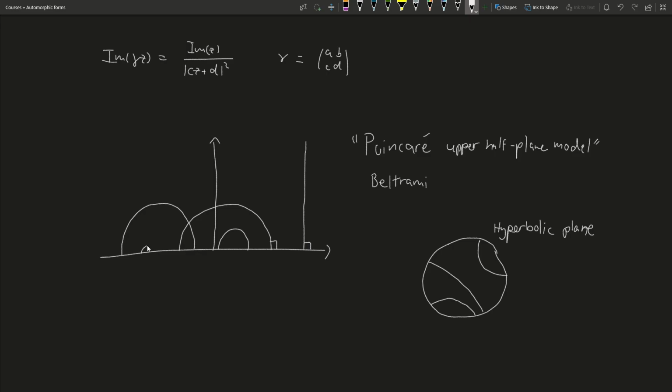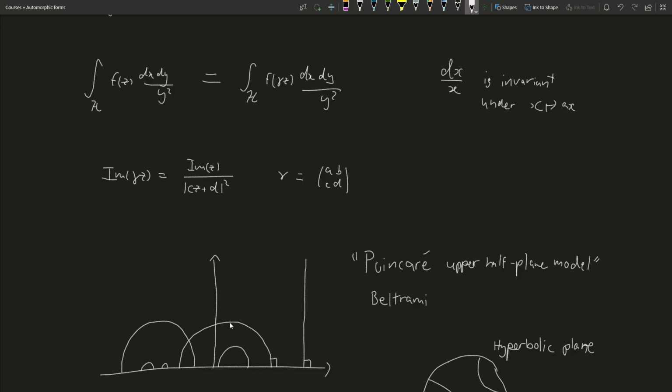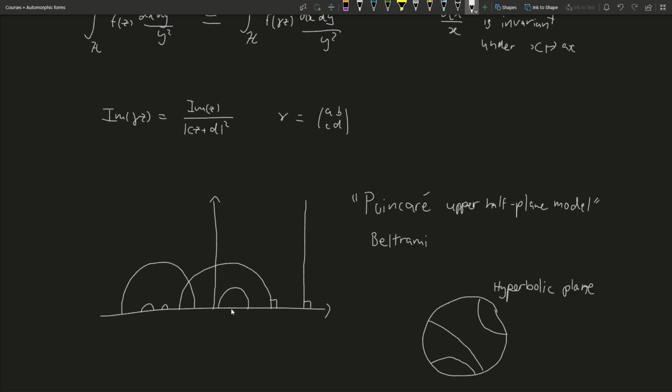And as you get really close to the axis, you've got to be careful. This is considered a lot of distance essentially in hyperbolic space, and you can see this in the measure, where when you're dividing by y squared, that means that down here some funky stuff is happening.